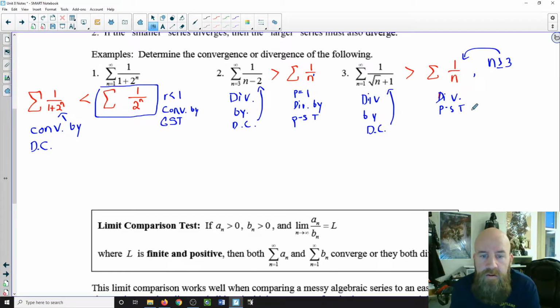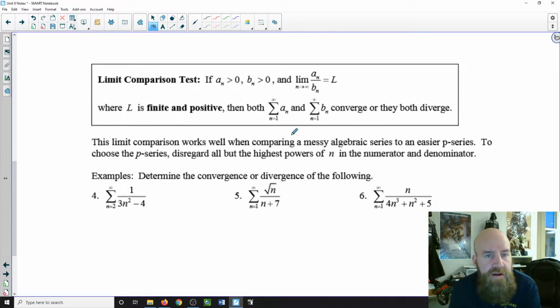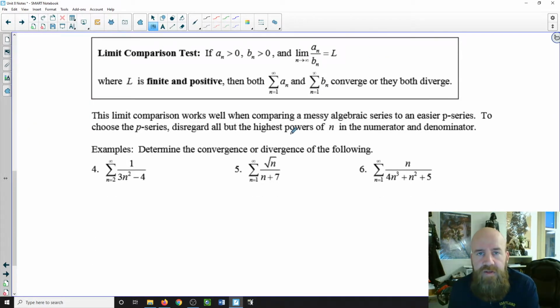All right, so getting into the limit comparison test. This is a little trickier than the direct comparison test, but not too bad. Not trickier, it's just a little bit more work involved. For the limit comparison test, both series have to be positive, and the limit of the two series divided has to be a finite and positive value for this to work.